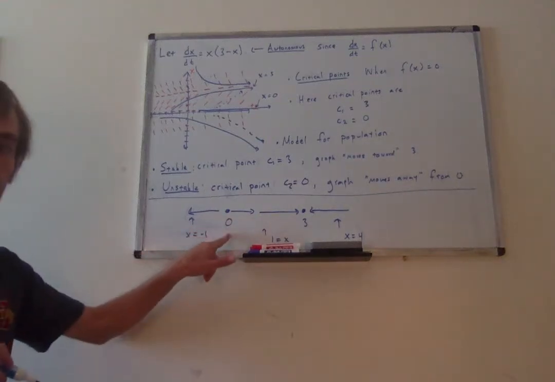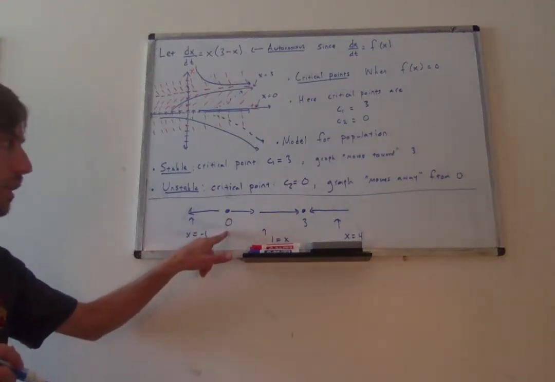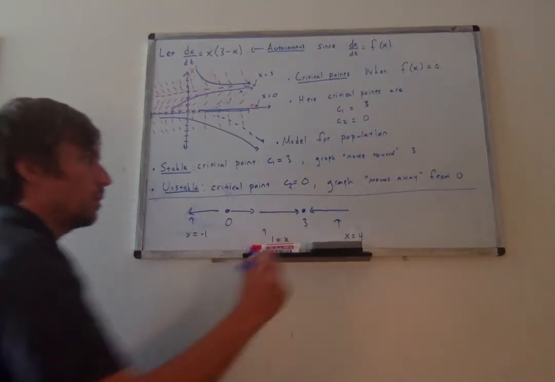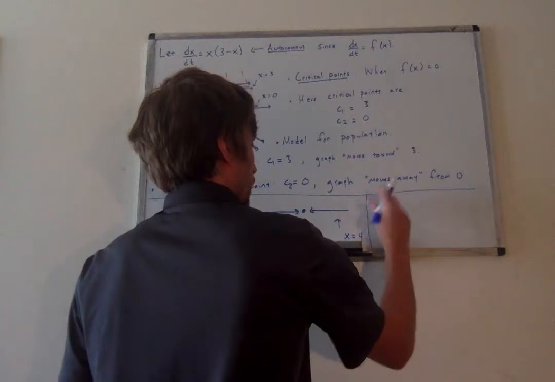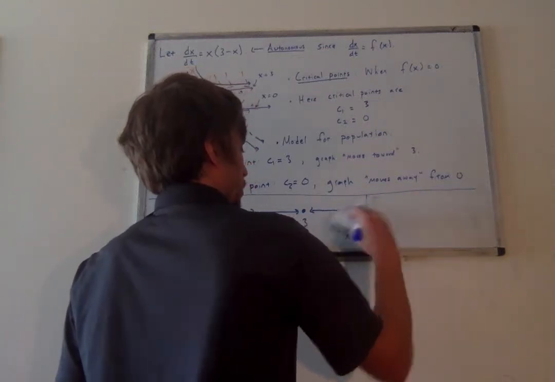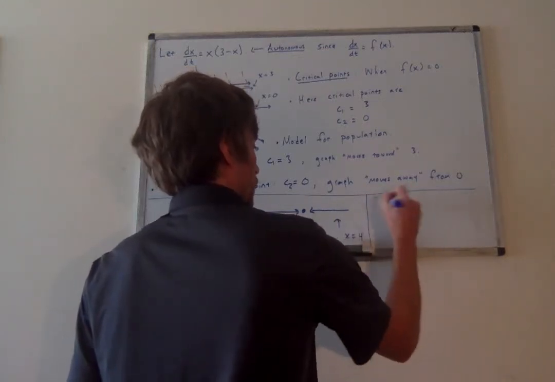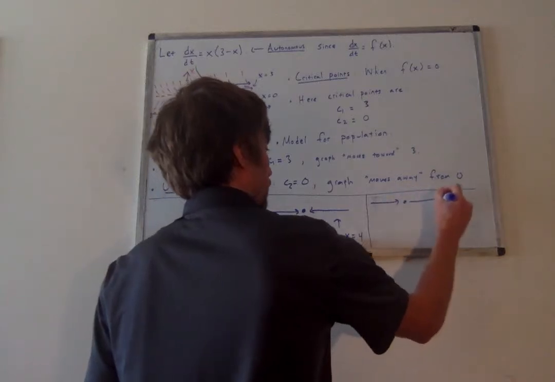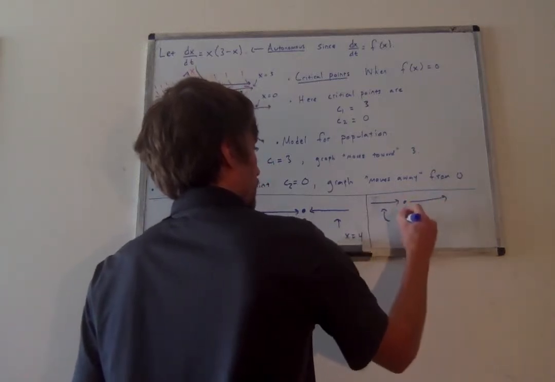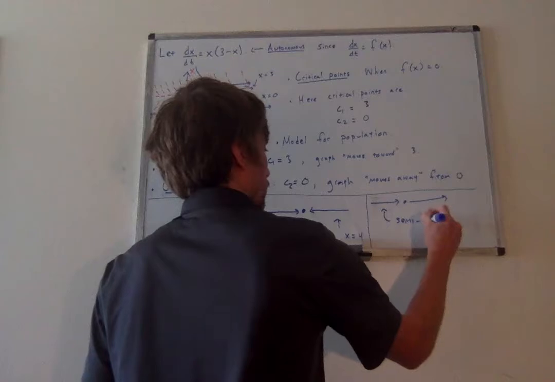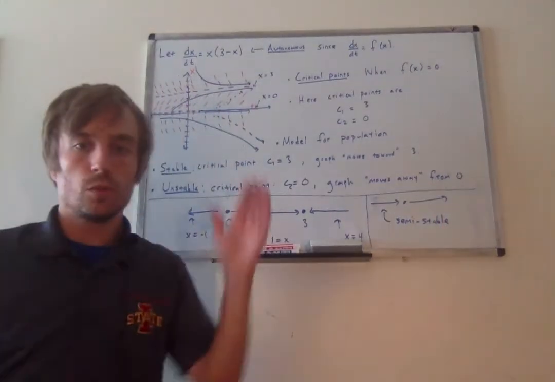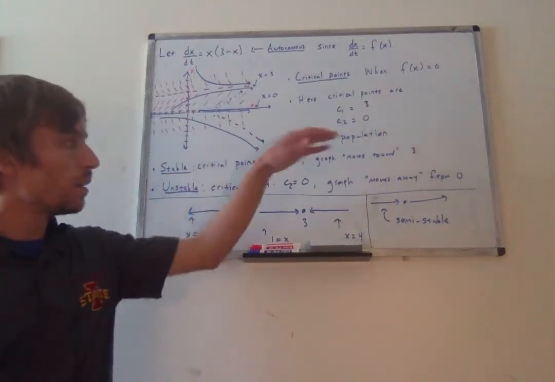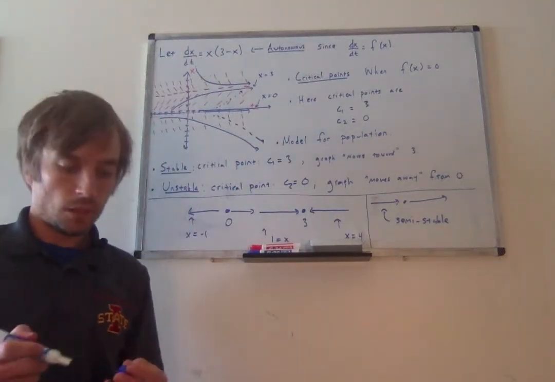So if we're looking at phase diagrams, something that looks like this would be unstable. This would be stable. An example that we won't get to see, but is worth mentioning, is if we had something that looked like this, this would be semi-stable. So here one side of that critical point would be tending towards that line, and the other side would be tending away.